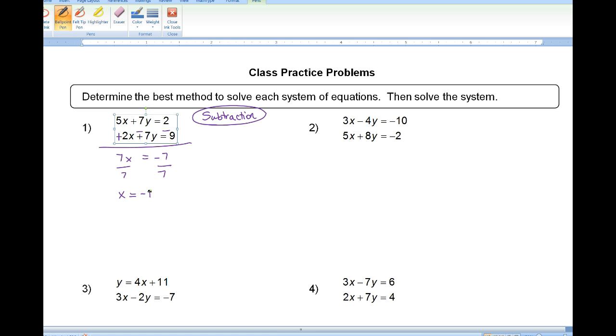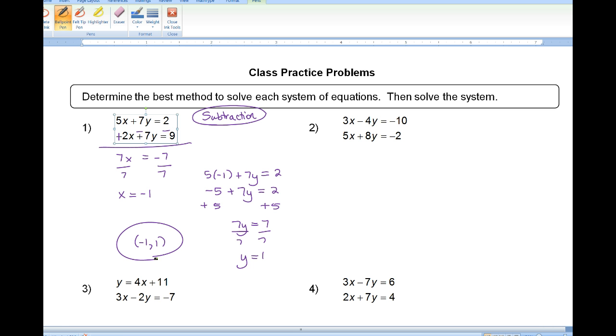And then I'll plug back into the top one, so 5 times negative 1 plus 7y equals 2. Perfect. So we get negative 1, 1.